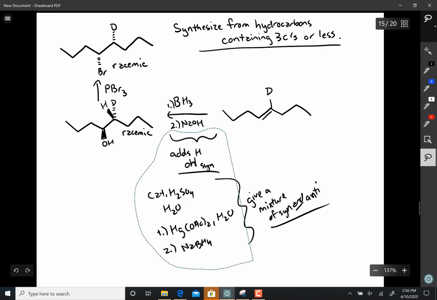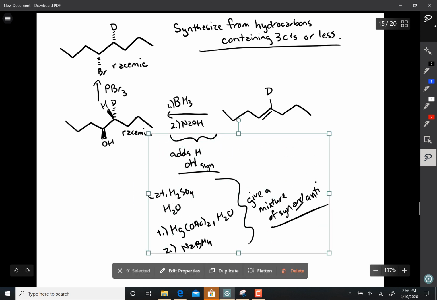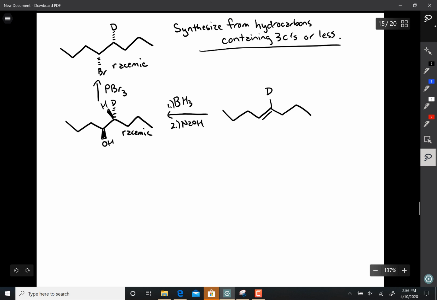But the problem with this synthesis is, again, hydroboration essentially, we take a look at this, adds the OH on the less substituted side.